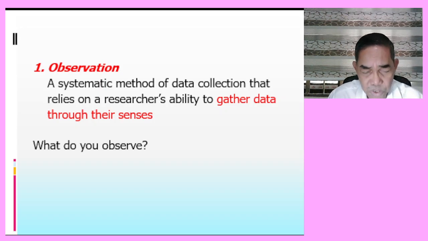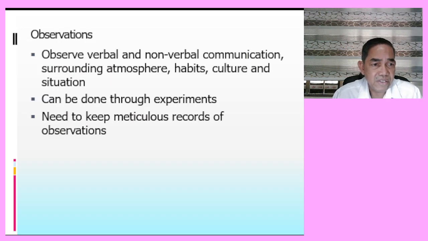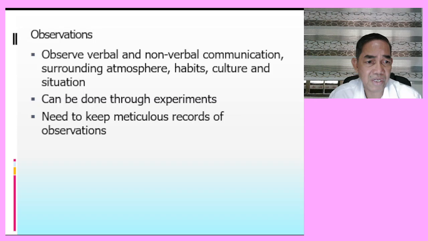And what do you observe when you do observation? You observe verbal and non-verbal communications. So not only do you observe what they say, but even the non-verbal communication, the surrounding atmosphere, the habits, the culture, and the situation.